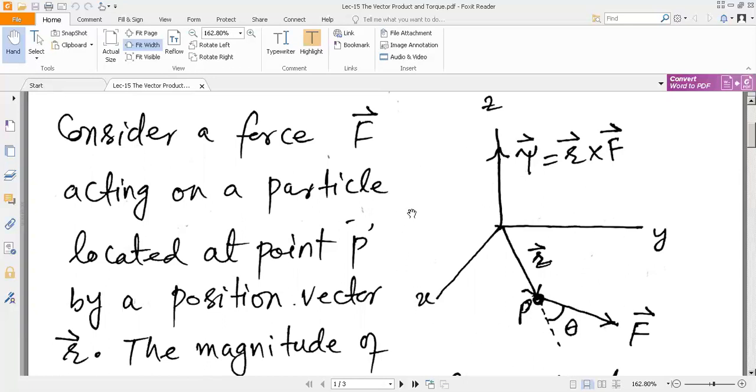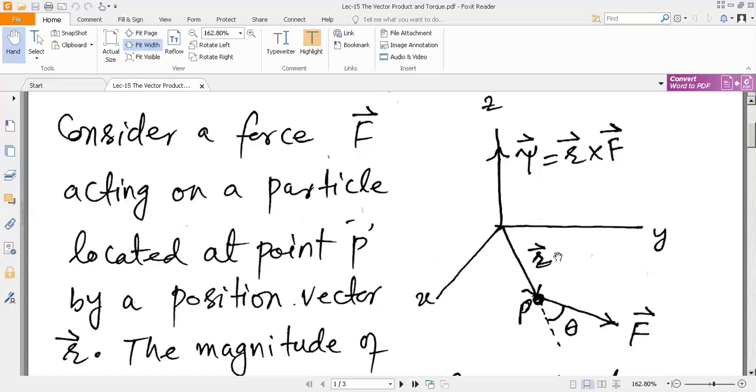If the turning effect is having a clockwise direction, then its direction will be marked with the help of the right hand rule by curling the fingers in clockwise mode.